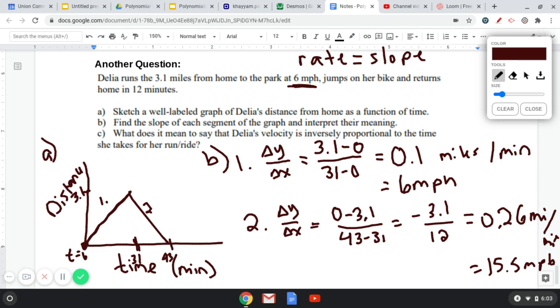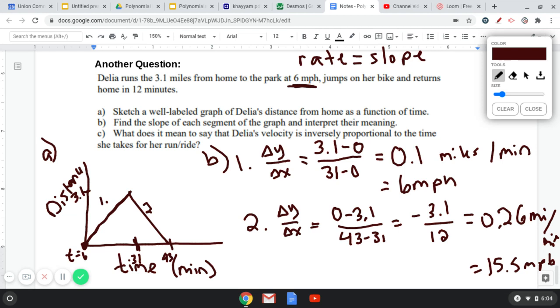So again, the slope of the line is the rate. That's very, very important. Or the velocity. The slope is the velocity or the speed. All right. And then this negative sign, that just means she's going back towards home. That's what that means. We go back to our original position.